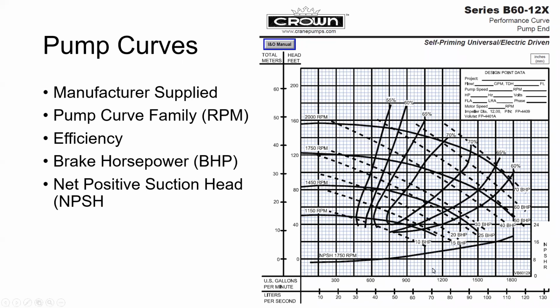So this is just information you get about the pump, and it's a property of the pump itself. It's basically like what head do you need at the pump inlet to avoid cavitation. So we'll do that whole calculation after.